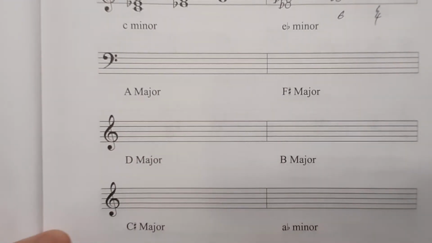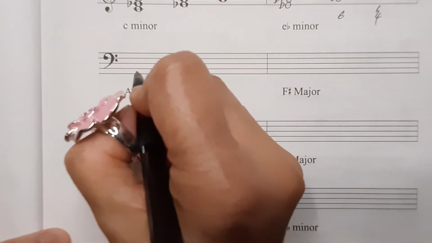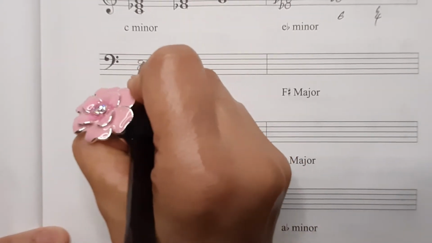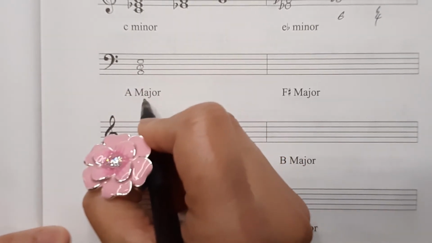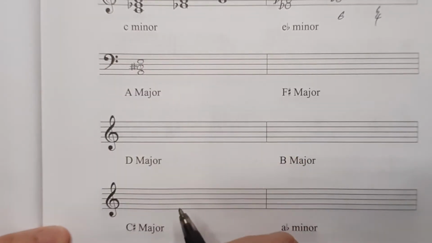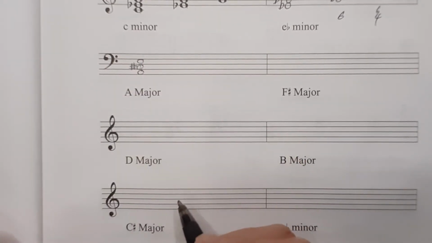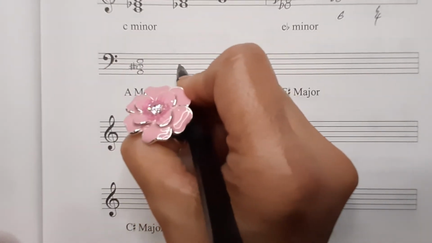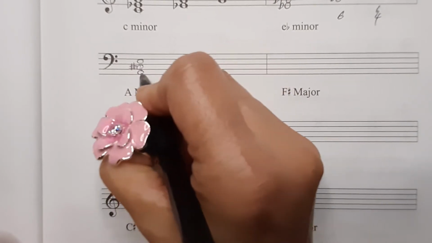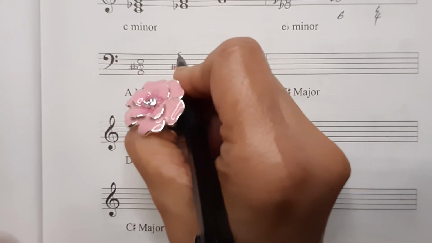Let's do A major. Okay, bass clef. A, C, E. In the key of A major, what do we have? F, C, G sharp. So you gotta sharp the C. And this is A major triad. Now can you change that to the first inversion? So keep the upper 2 notes, which are C sharp and E natural, and bring the A to the top.